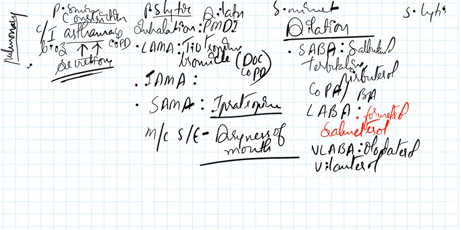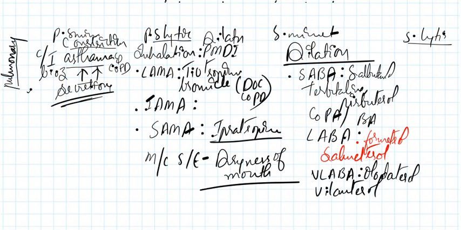Okay. Now if you come to sympatholytics, that is adrenergic blockers, what they do is, beta blockers are contraindicated in asthma. Very important in clinical practice also.